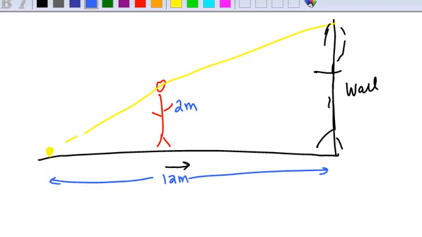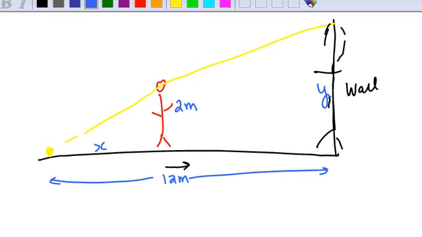But there are a lot of things changing in this question. He's walking away from the spotlight, so the distance right here between him and the spotlight is changing, and I've got a variable there. Also, the height of his shadow will change as well, so I'm going to put that as y. There is another distance that's changing, the distance between the wall and the man.